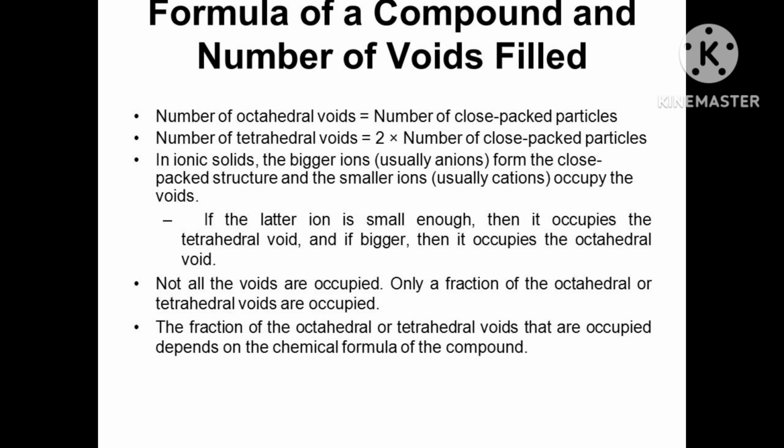Okay, it is the bigger size. The number of octahedral voids generated is according to the number of Y. The number of octahedral voids generated would be equal to the number of atoms of Y present in it.